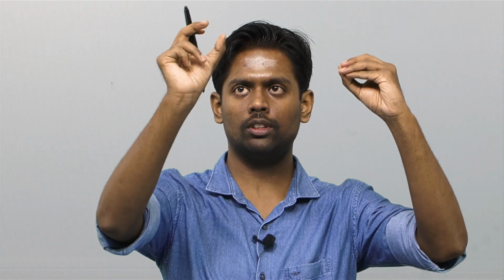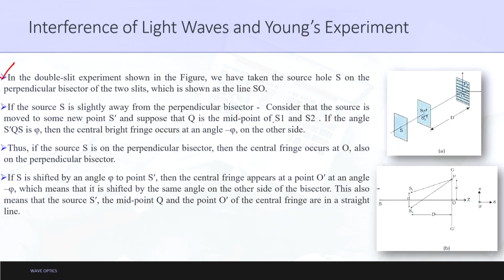If this was the pinhole S, and these were the two slits S1 and S2, and the source is now slightly deflected from this point to a new point S dash, and Q is the midpoint of S1 and S2. If the angle S dash QS is phi, then the central bright fringe occurs at angle minus phi on the other side.